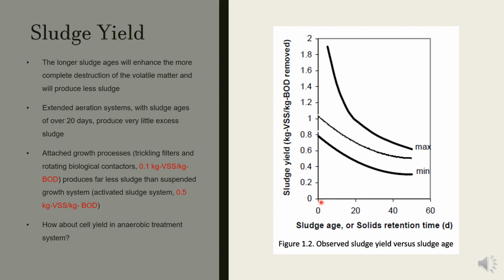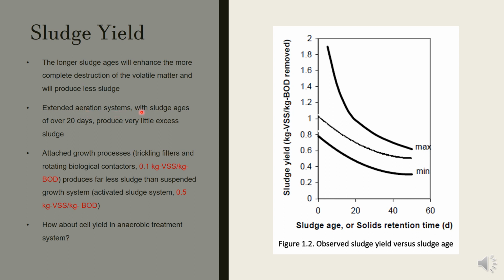So as SRT or sludge age in the bioreactor is longer, sludge yield decreases because longer sludge age will enhance the more complete destruction of volatile matter.